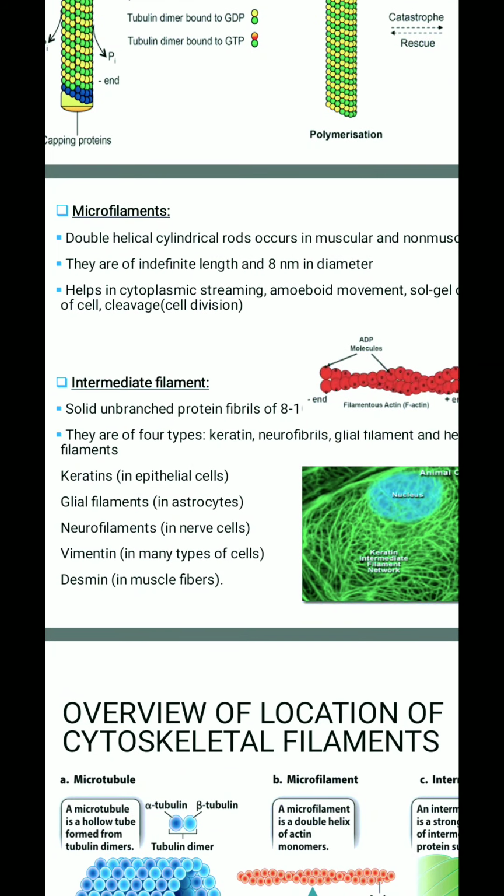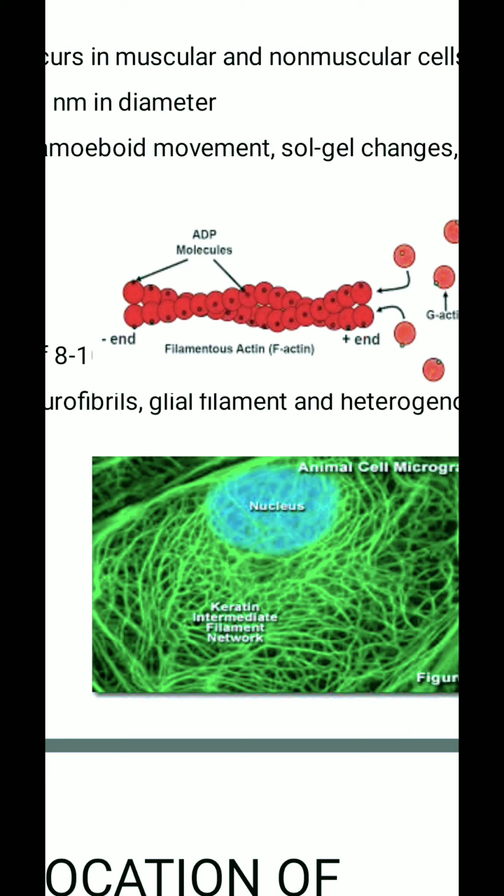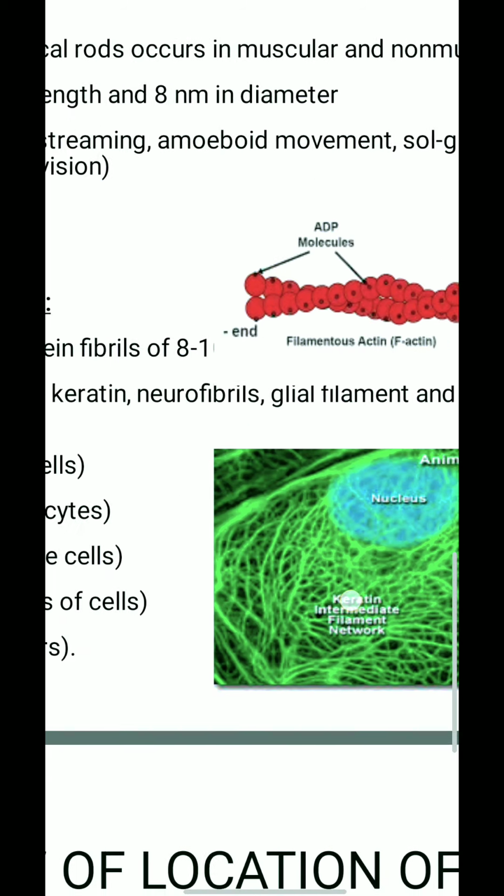For example, a keratin intermediate filamentous network has been seen in the animal cell, and the micrograph easily shows you the keratin filament and its orientation.